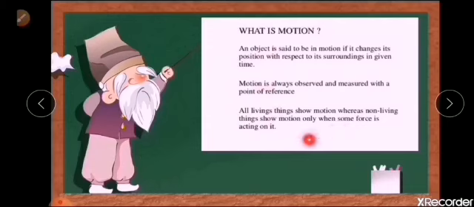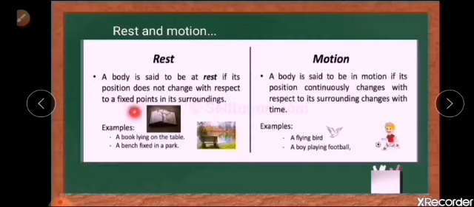Now, if this is about motion, then what will be rest? The same definition, only a little bit change. If the object is having a change in position continuously with time, we say it is in motion. The examples are given here.